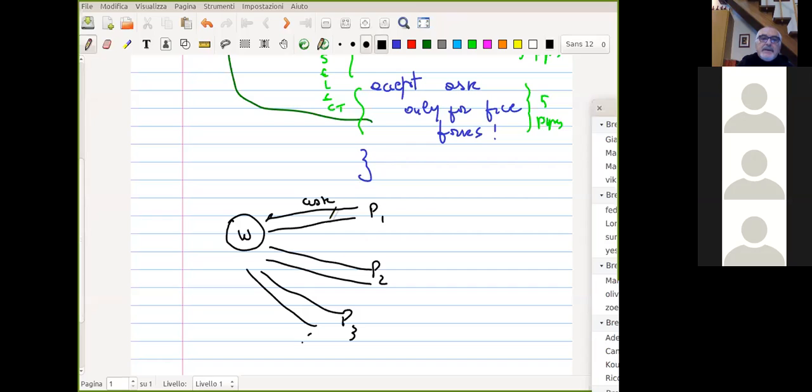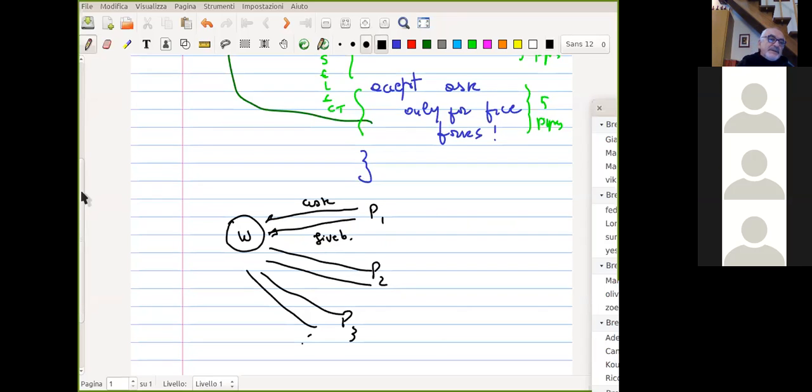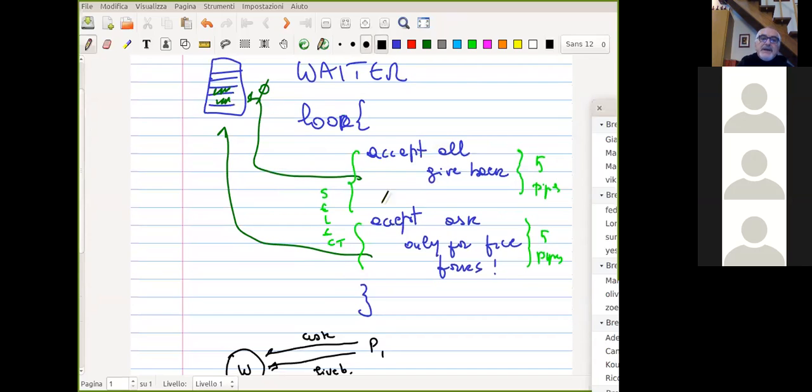Well, the name was give back. 2 pipes. This is the scheme. It's not complex. The only complex thing to write is the logic of those 2 selects. And this is the solution, the waiter solution.